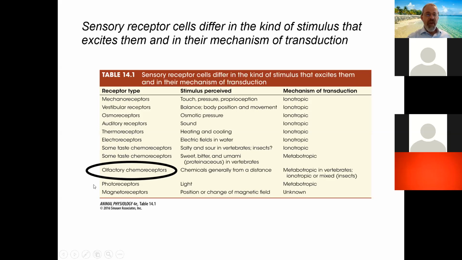We have olfactory receptors, which are receptors that are activated when what we call an odorant or a smell binds to the receptor. We have photoreceptors, of course, that are found in the eye and other areas.